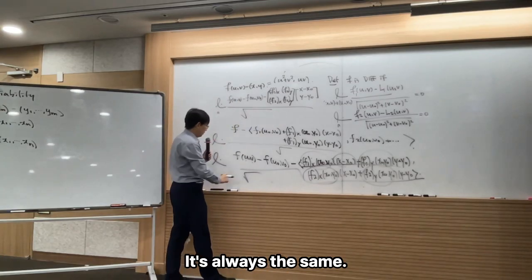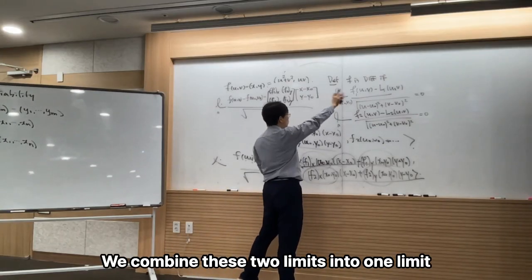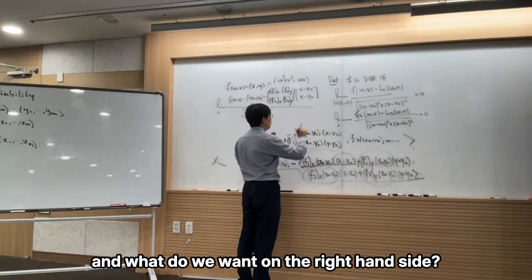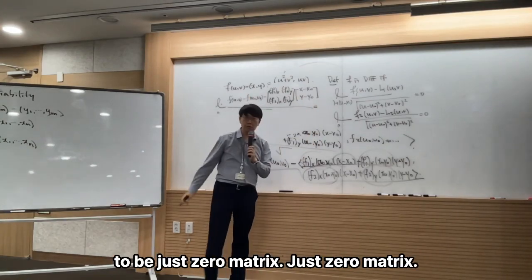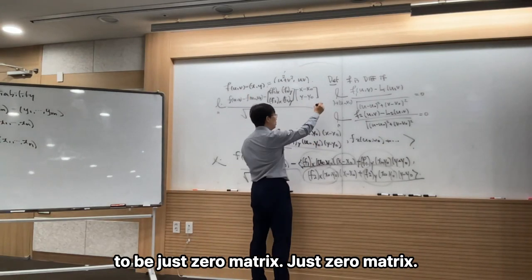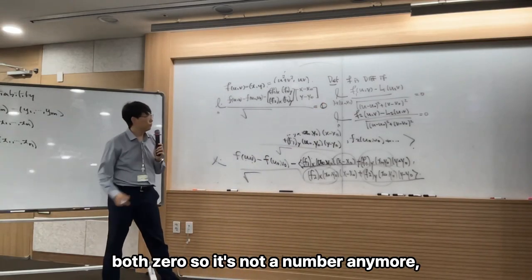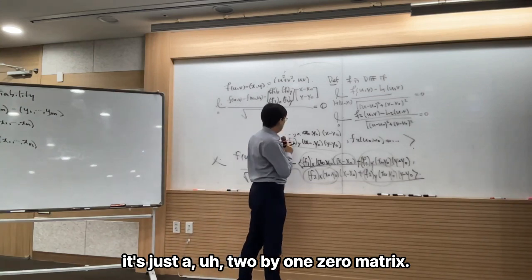It's always the same. Nothing changed here. So after all, we combine these two limits into one limit. And what do we want on the right-hand side? We want the numerator to be just the 0 matrix. So let's put a bold 0. It's not a number anymore. It's just a 2 by 1 zero matrix.